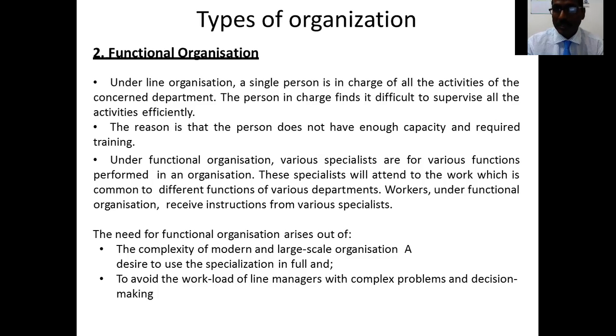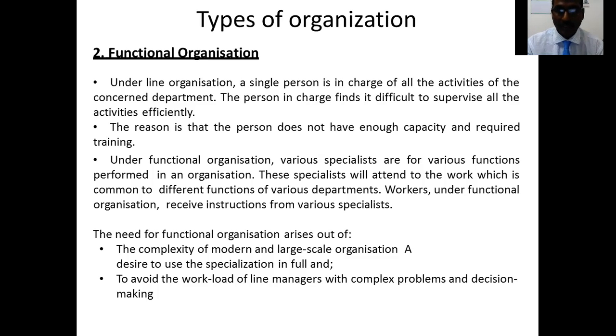So sometimes his efficiency may not be there because he may not have thorough knowledge about all the functional departments. So he may require some training. But under the functional one, they have persons who are specialists in that particular area or field.